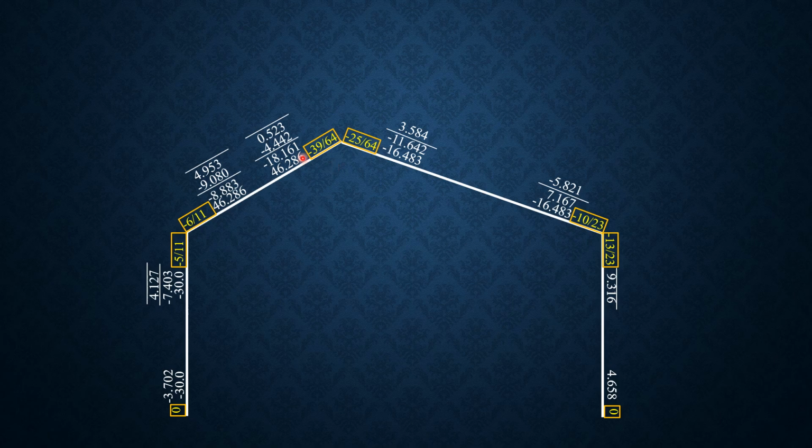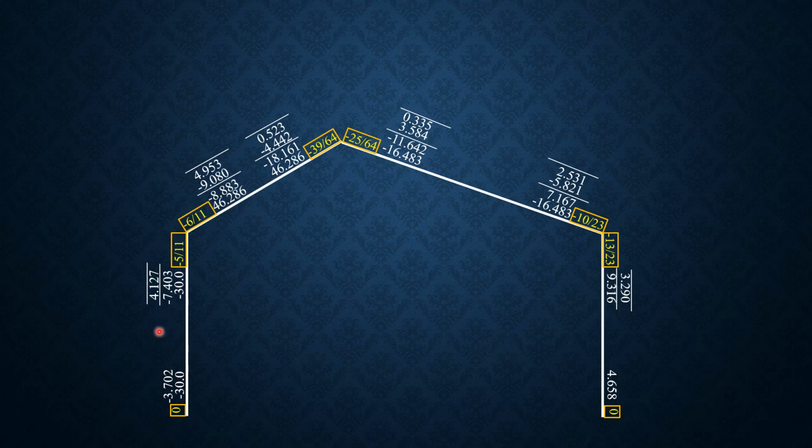Then same quantity times negative 25 over 64 is 0.335 lakh. Negative 5.81 times negative 10 over 23, 2.531 lakh. Negative 5.81 times negative 13 over 23, 3.290 lakh.